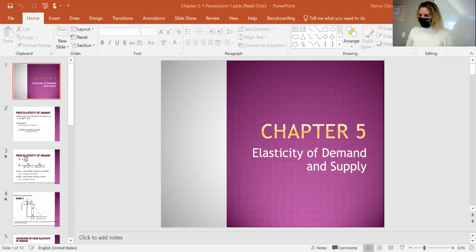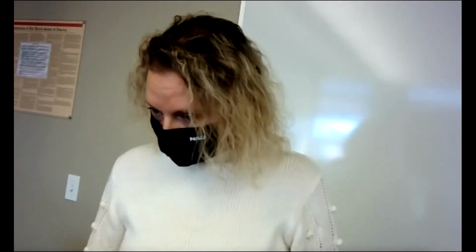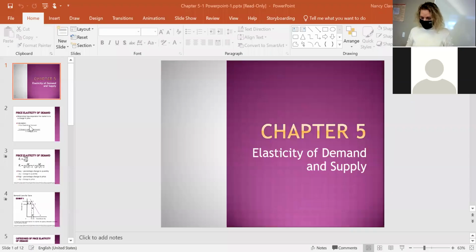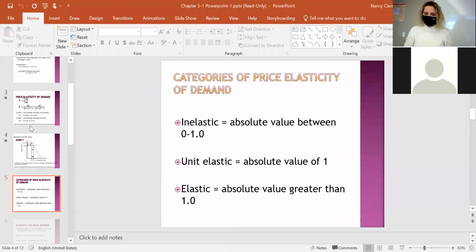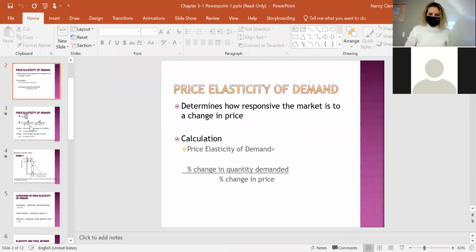Okay, let me try sharing a different screen. Okay, is this one changing? Yeah. Is it changing now? Okay, yeah, sorry about that, guys.